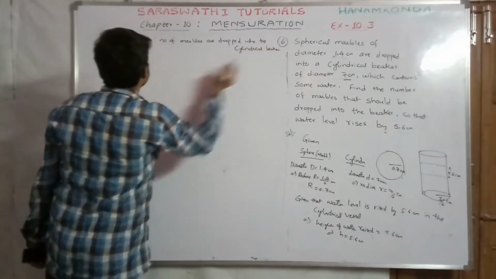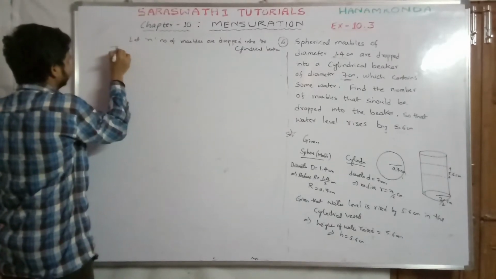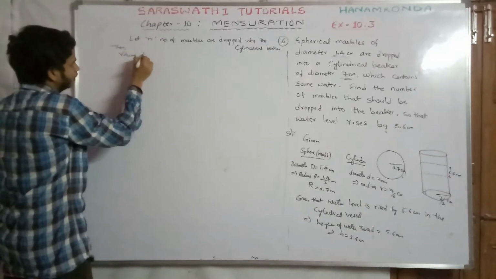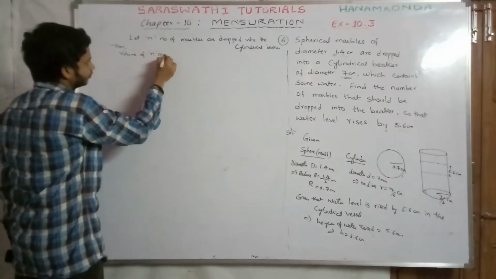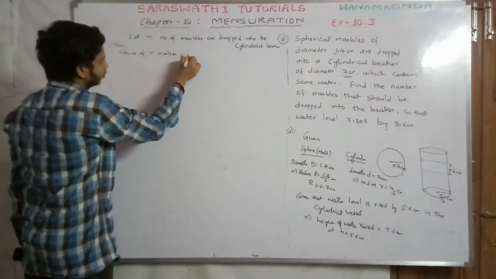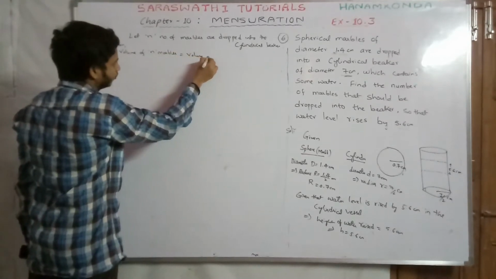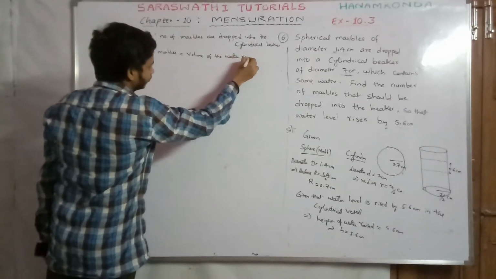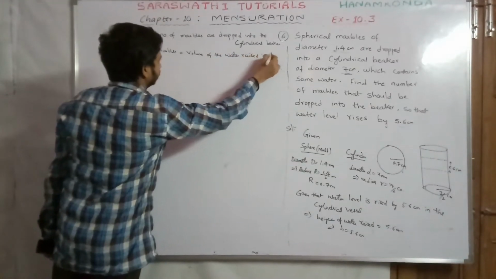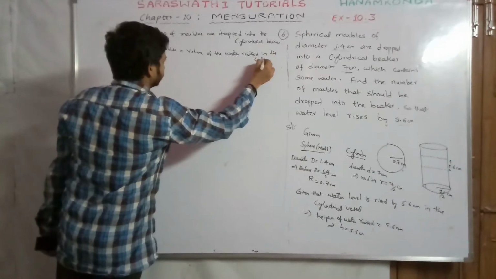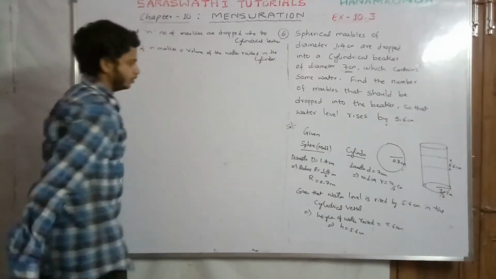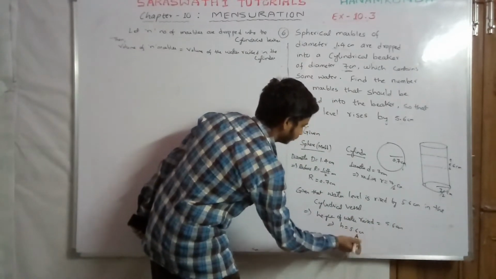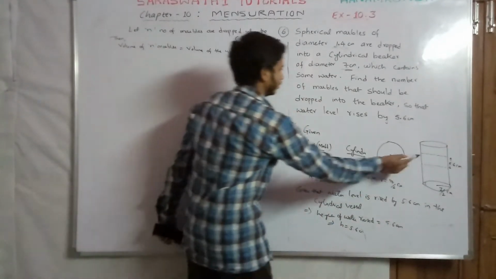Then the volume of n marbles is equal to the volume of the water raised in the cylinder. The height of the water raised is 5.6 centimeters, that means height h equals 5.6 centimeters for this volume.